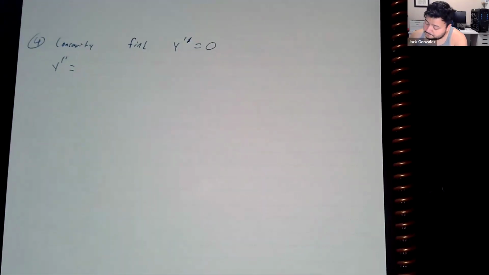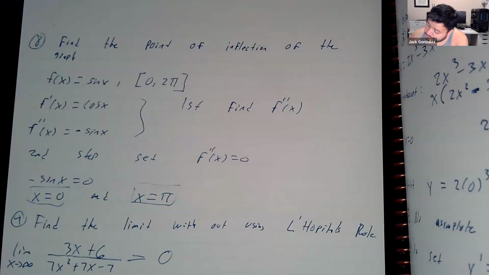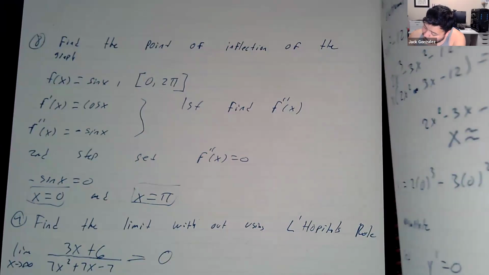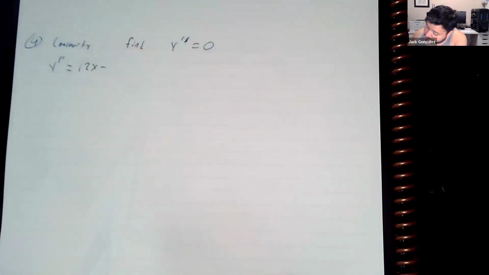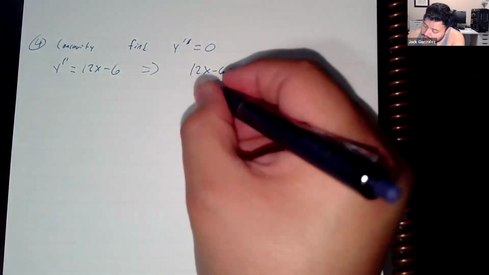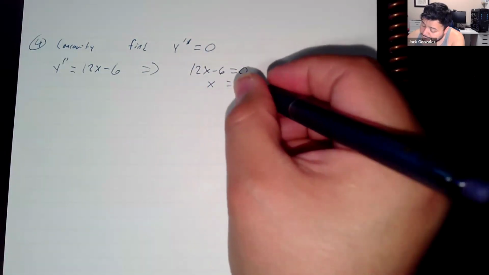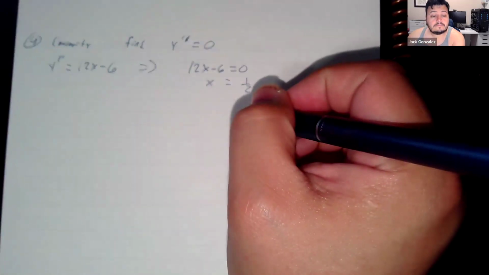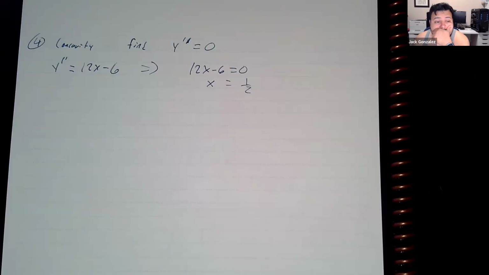So y double prime would be equal to 12x minus 6, right? Set it to 0. x would be equal to 1/2, right? Right.